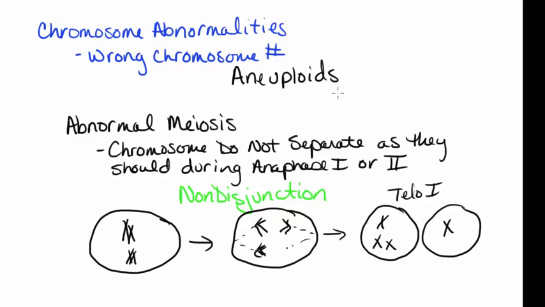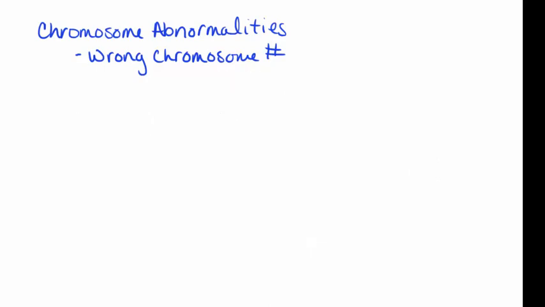So aneuploids, they could have one too many. They could also have too few chromosomes in them. And we can classify them further based on specifically what their abnormality is, if they have too many, too few, something along those lines. There are other chromosome abnormalities that are due to chromosome structure.